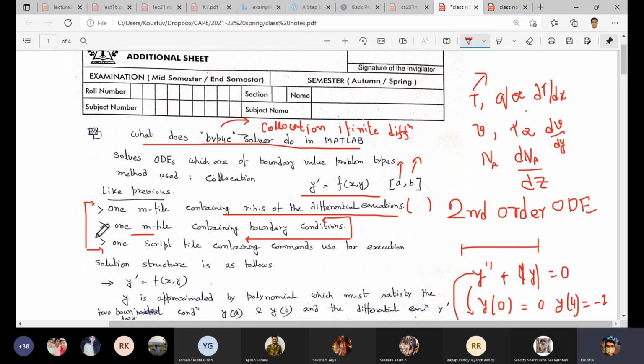The very essence of a numerical technique is that you don't get continuous lines, you just solve at different mesh points or incremental points at a given step size. So the BVP4C solver basically approximates the solution over different points, and that approximation in the form of a polynomial has to satisfy the boundary conditions.